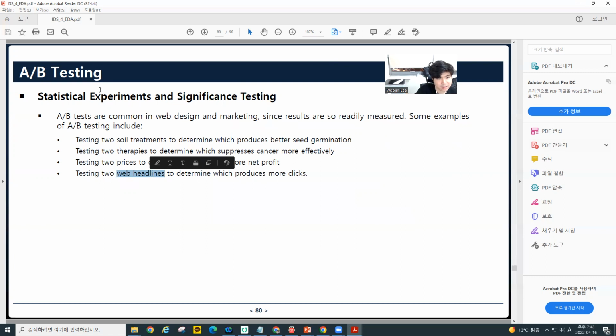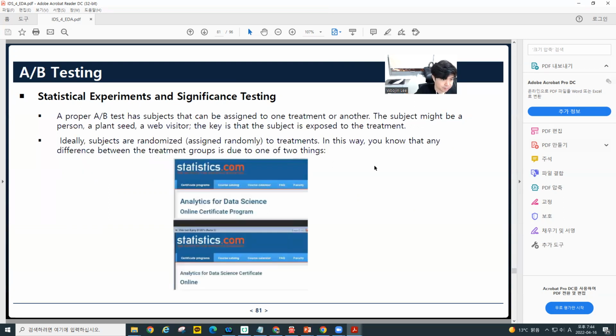All of these compare two soil treatments, two therapies, two prices, two headlines. Since we compare A and B, it is called an A-B test. Today you are going to learn about the most basic A-B test procedure in statistics.